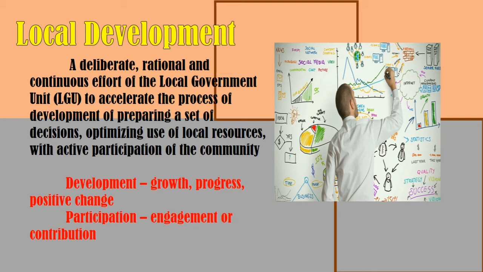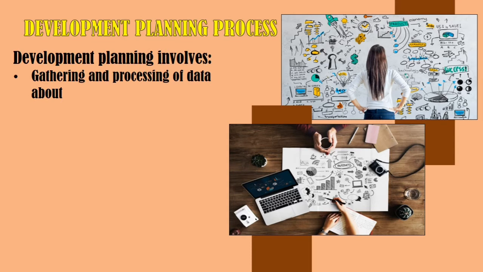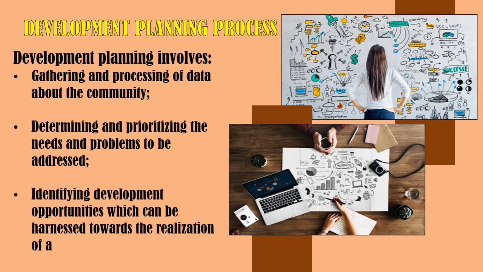And when we talk of participation of the community, this refers to how the people in that specific area are engaged or are contributing in the achievement of the goal. Now let's proceed with the development planning process. As mentioned earlier, development planning involves gathering and processing of data about the community.